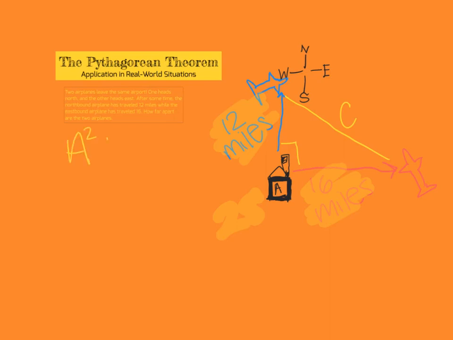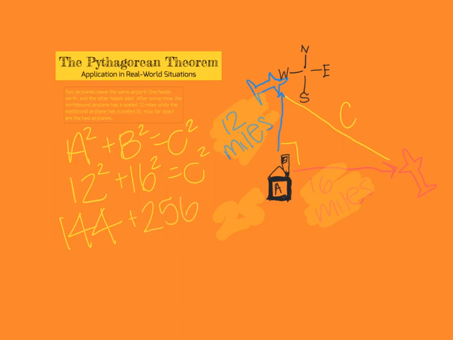All right, so we have a squared plus b squared equals c squared. A is 12, B is 16, and we don't know how far away they are from each other yet. But we do know that 12 times 12 is 144, and 16 times 16 is 256.